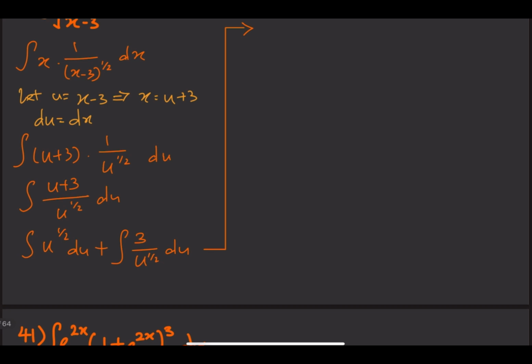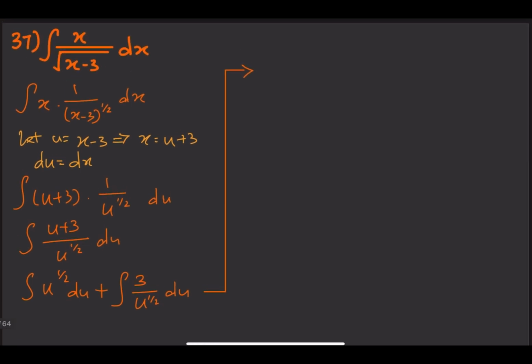Let me continue to solve. Using the power rule, it's quite simple. We get u to the power of 3 over 2 divided by 3 over 2, plus the integral of 3 multiplied by 1 over u to the power of half, du.